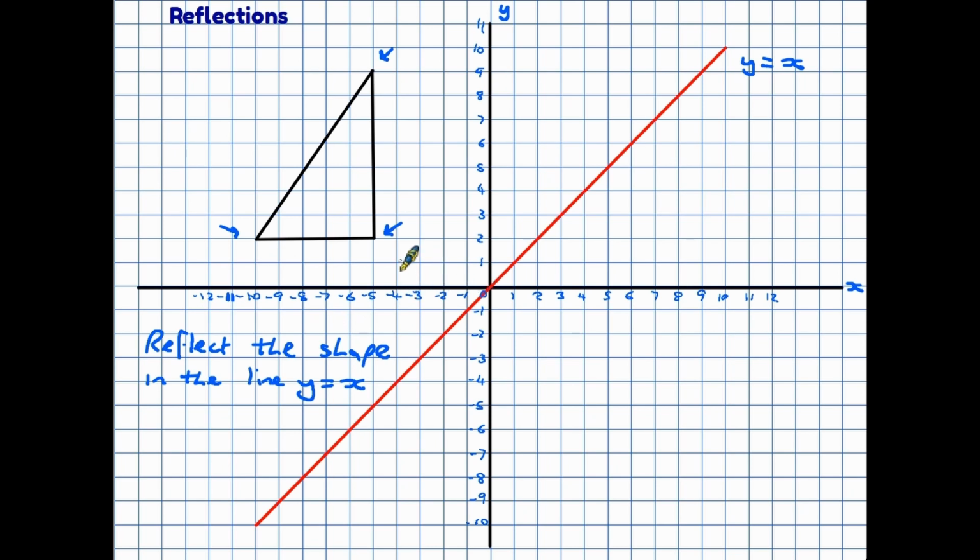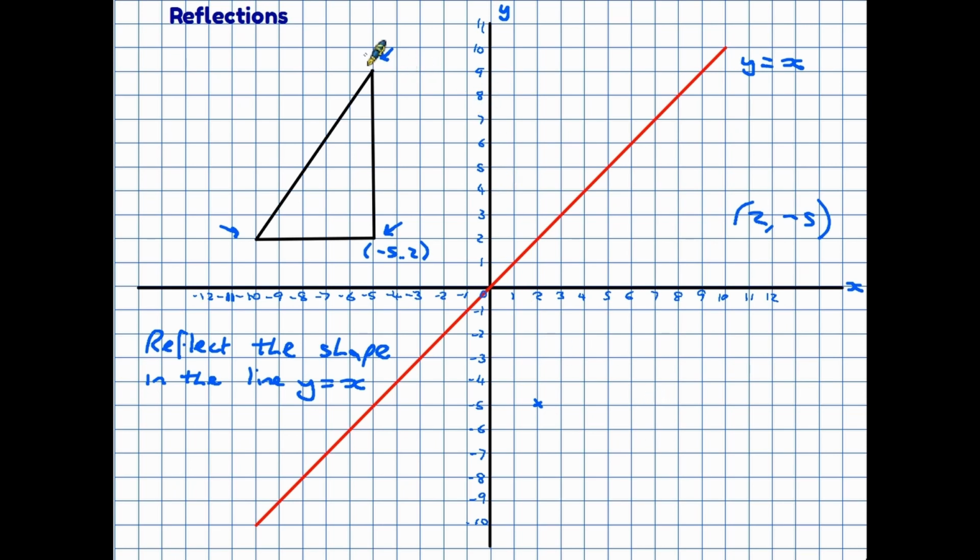What I mean by this is if we look at this bottom right hand corner, it is at -5, 2. So if we use that and switch them round, the actual coordinate of the new triangle is actually going to be at 2, -5. Let's plot that. So 2, -5 is down here, so that's going to be our first corner.